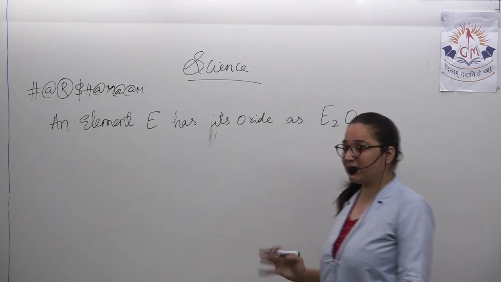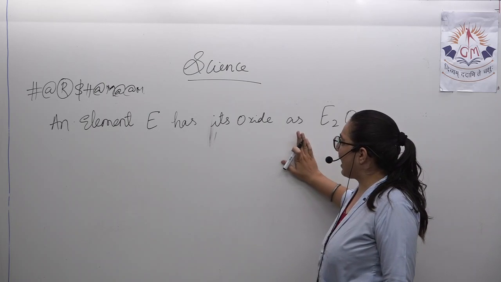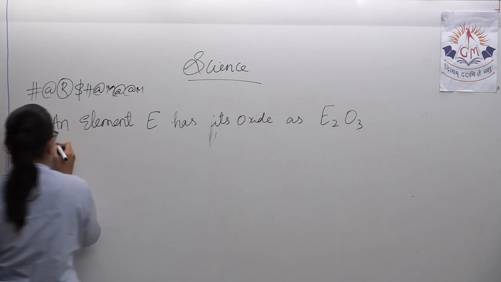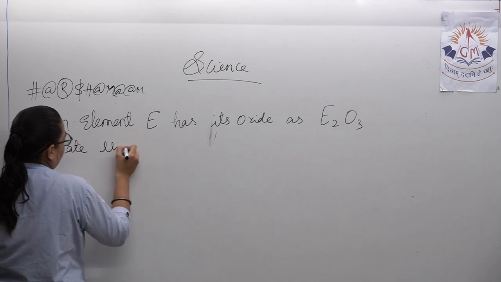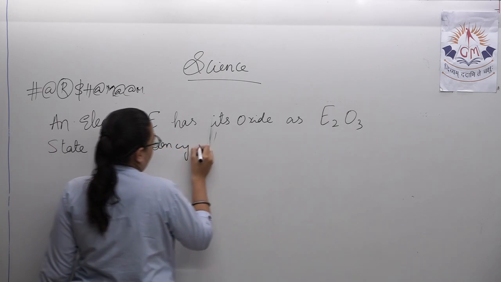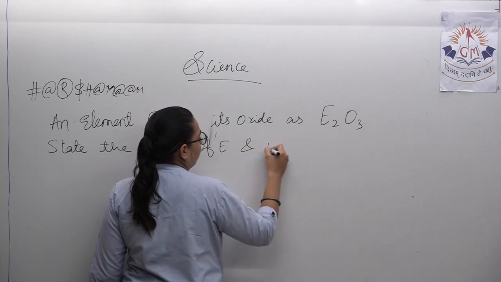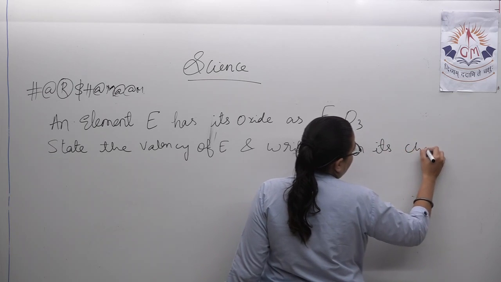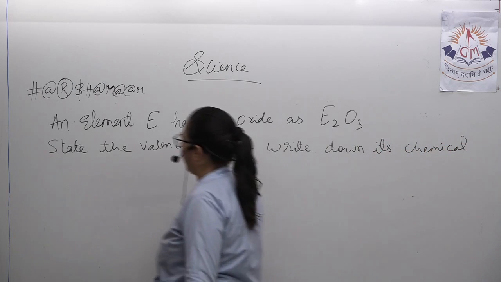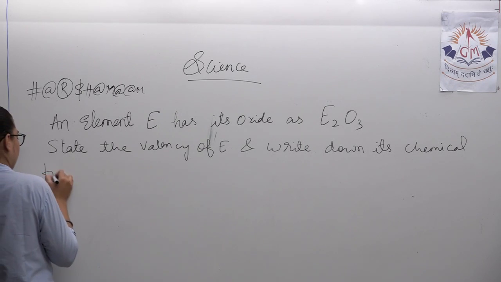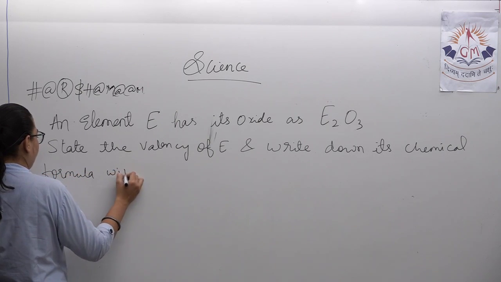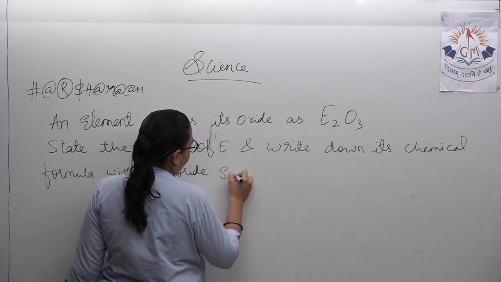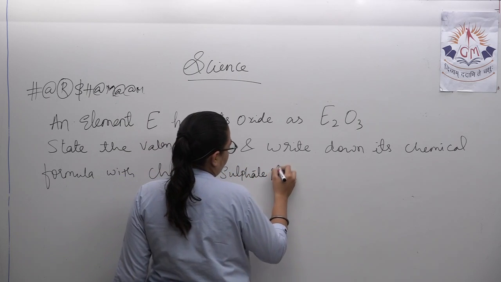This is some particular element, say E, and its oxide is A2O3. State the valency of E, and write down its chemical formulae with chloride, sulfate and phosphate.